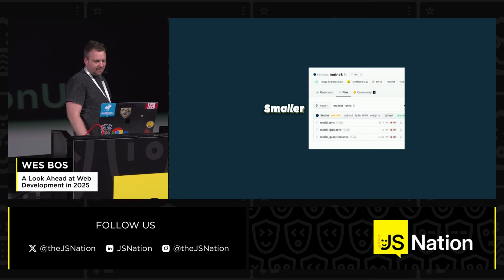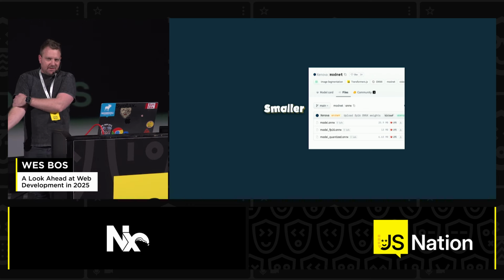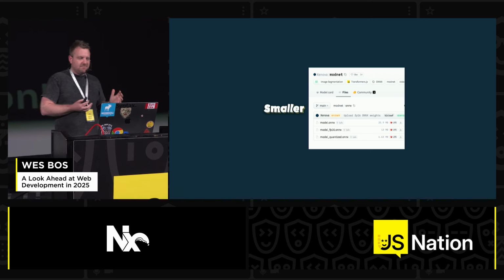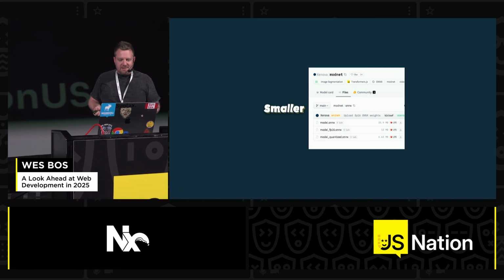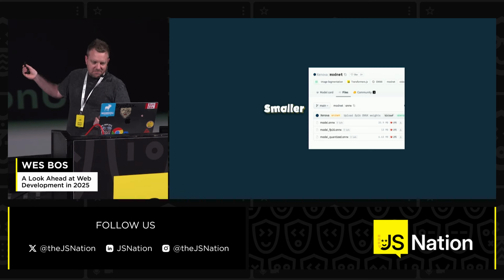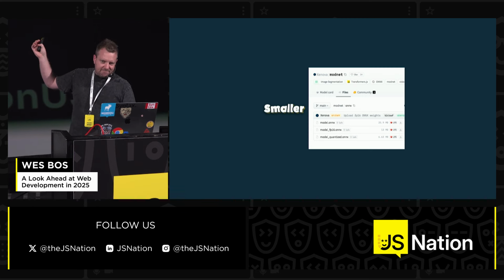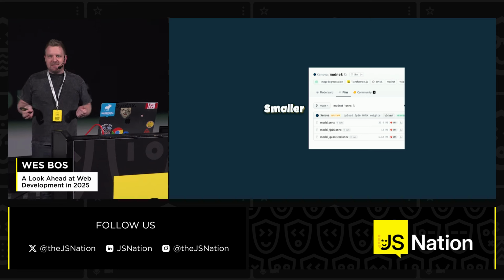Now, why would we want to even do this? Because these small models are, well, they're not all small, but they're relatively small versus the overhead of maybe sending it off to a server. This MODNet model, which was used for detecting my smiles, is 6.5 megs, right?